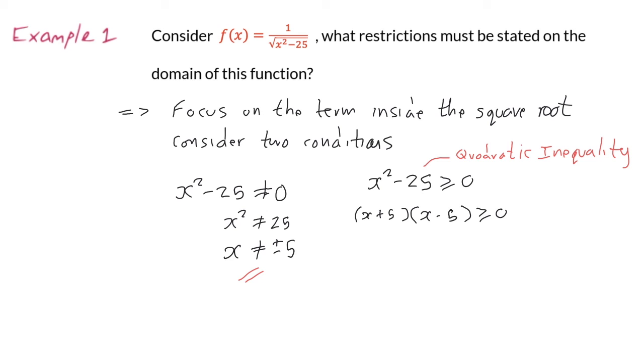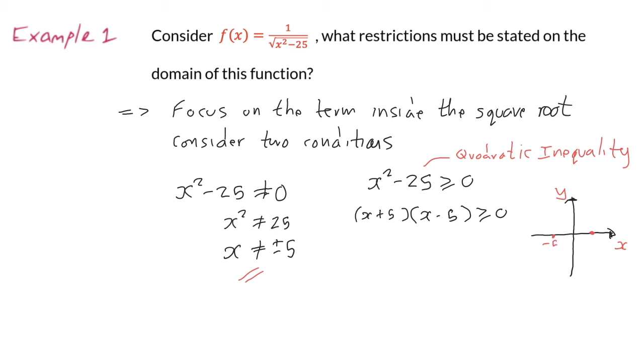The best way to solve these quadratic inequalities would be to produce a quick sketch, unless you're able to work the answer out just by thinking about it, which you might be able to do with some practice. In a quick sketch, we know that we have the critical values where the expression equals 0, that would be -5 and 5. So we can plot those 2 points, the roots of this quadratic.